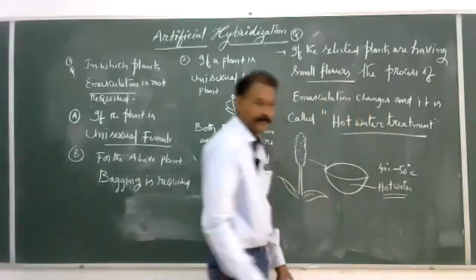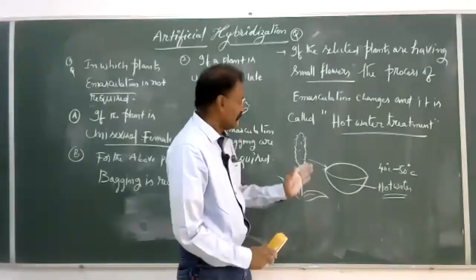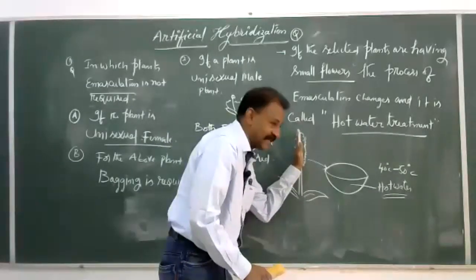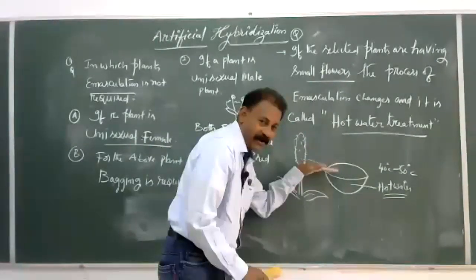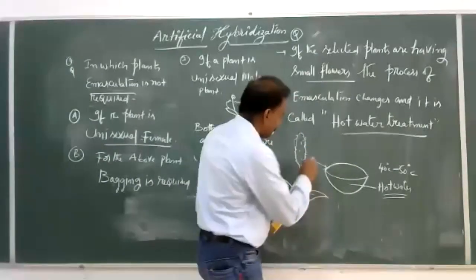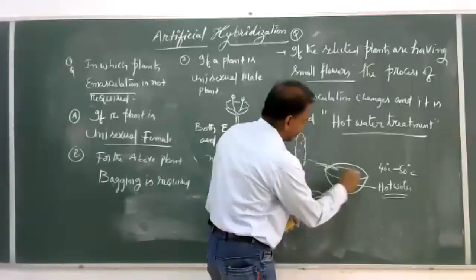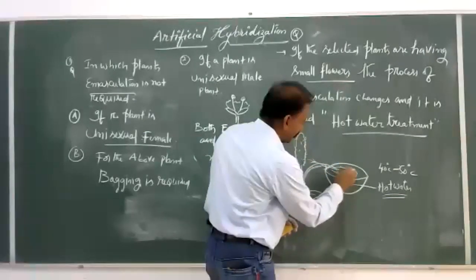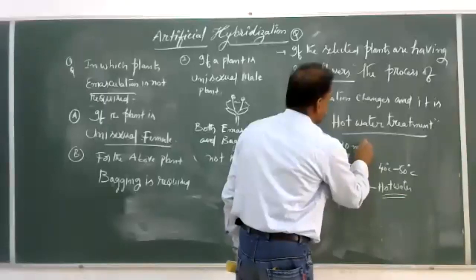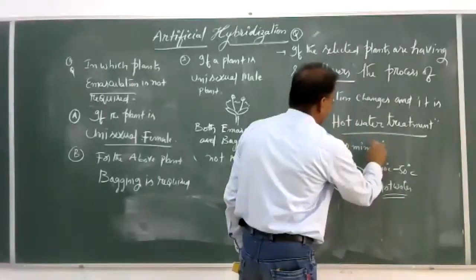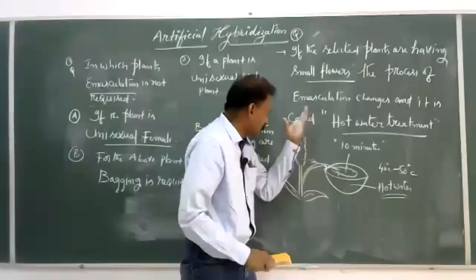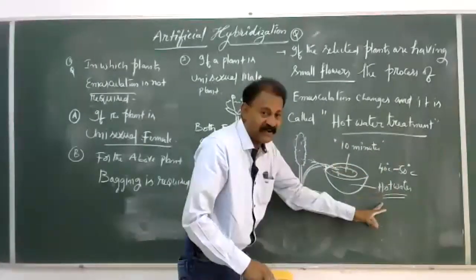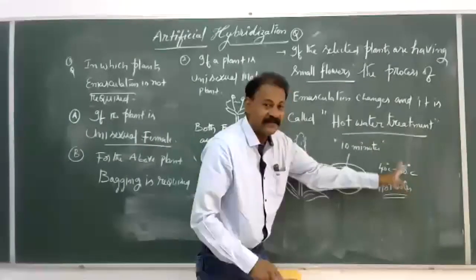If you take this inflorescence having small flowers and dip it into the bowl for about 10 minutes, not more, a stipulated time of 10 minutes, the total inflorescence is dipped in a bowl having hot water of 40 to 50 degrees centigrade temperature.